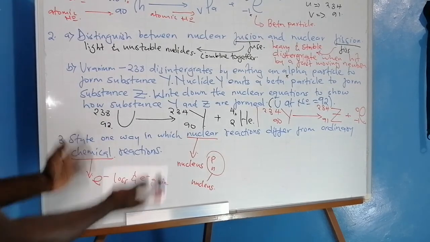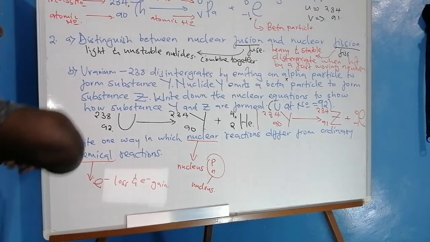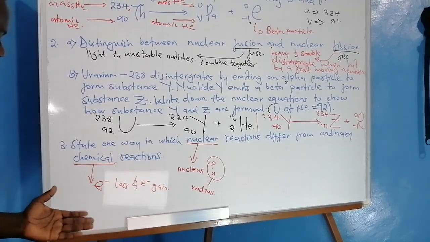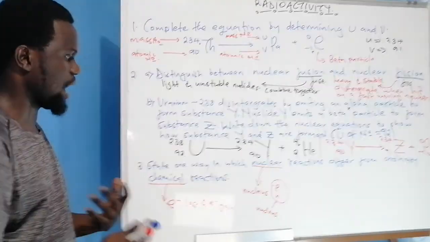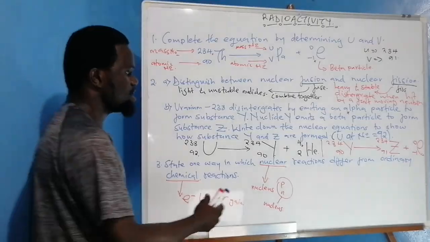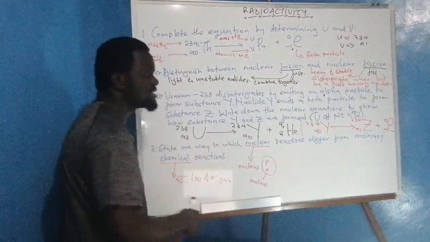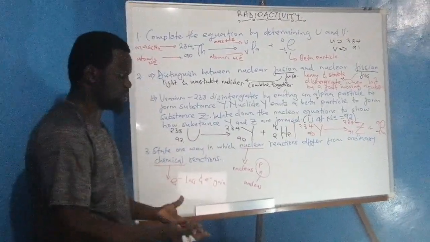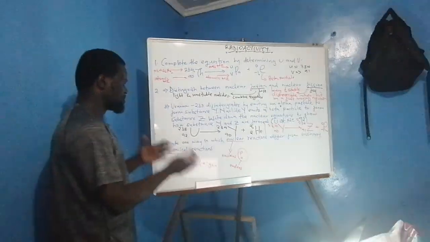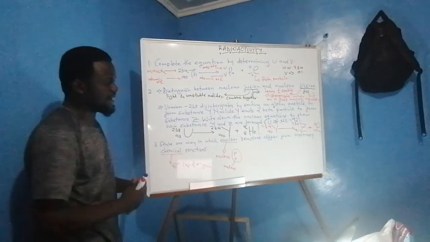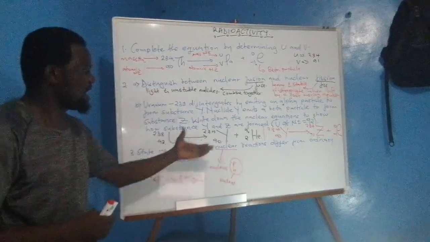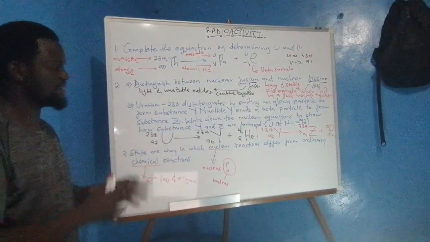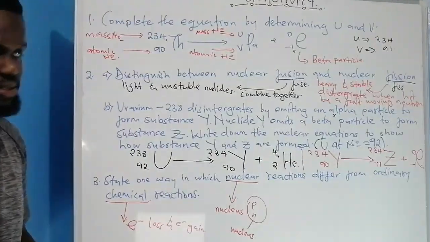But an ordinary chemical reaction takes place on the outermost energy level, and it involves loss or gain of electrons. Furthermore, nuclear reaction produces large amount of energy when they take place. Conversely, chemical reaction normally produces lesser amount of energy as compared to nuclear reaction.